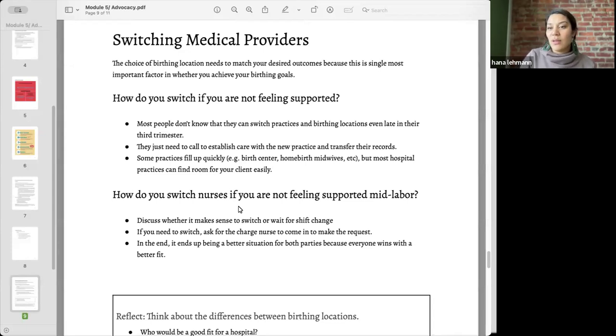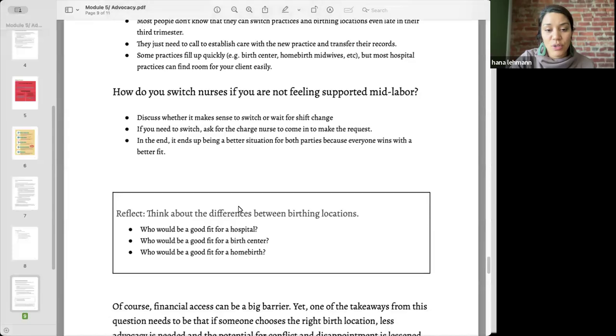The reason why, it's kind of awkward to bring your own nurse in there and ask for a switch, right? That's why you bring the charge nurse. She's the one in charge of the nurses on the floor to see if there's an option for switching to someone who is a better fit for you. So a lot of people don't know that that's even an option. I don't often have to do this, but it is an option for your clients that you should know about.